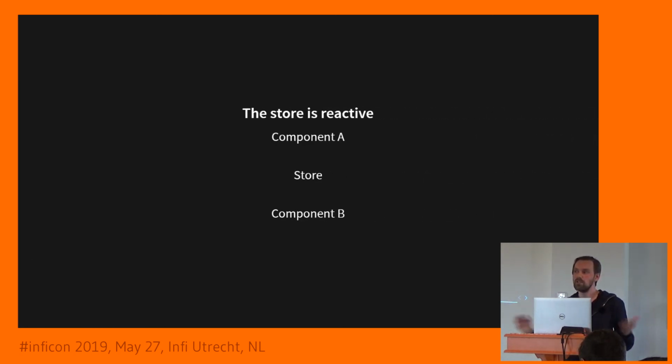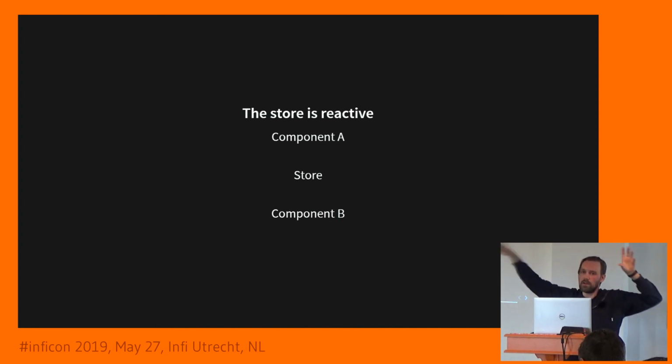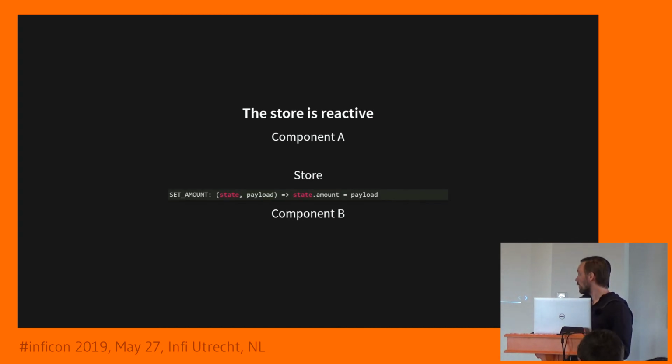So imagine you have a very complicated form. You have some component A here and another component B over there, and you need to communicate somehow that something has changed, right? So what you would do is you would write a mutation in your store, like this, which is very easy. It takes a state and a payload, and it sets a value on that state, which triggers the subscribers.